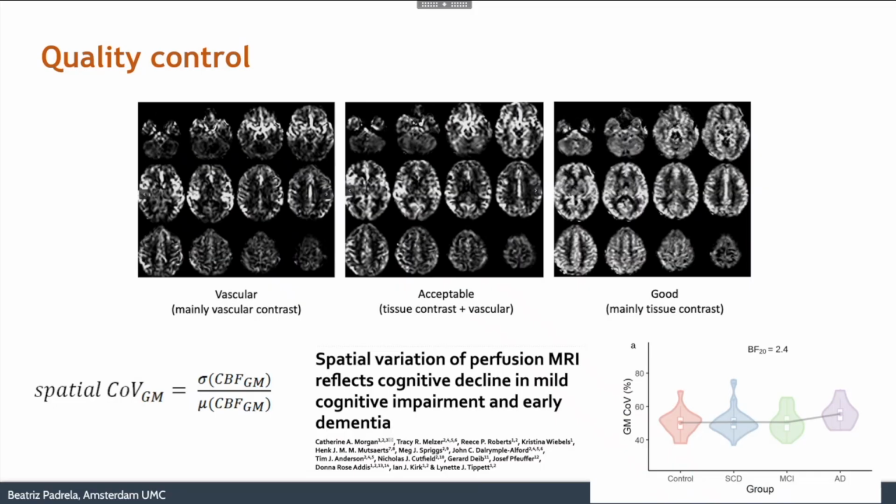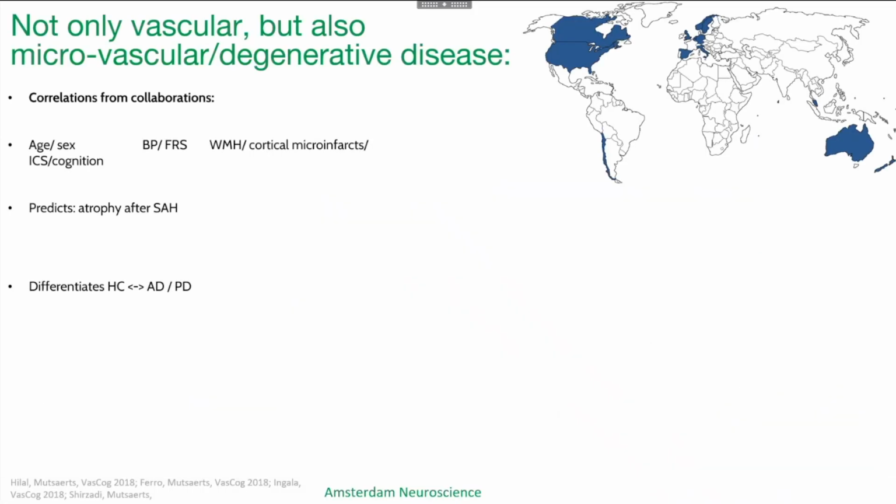So this spatial CoV value is higher than here, meaning there's more heterogeneity of the CBF compared to here. And this can also be correlated with controls, subjective cognitive decline, mild cognitive impairment, and AD. It seems the Alzheimer's patients in this case have a higher spatial CoV. That can be maybe due to macrovascular or microvascular problems.